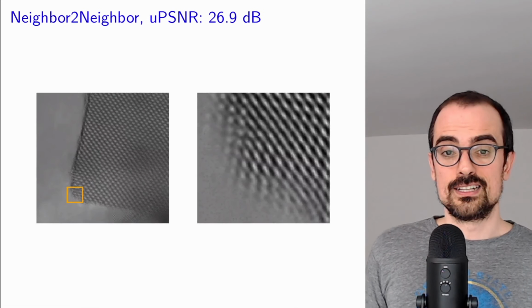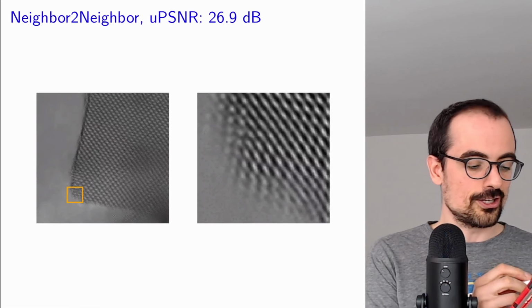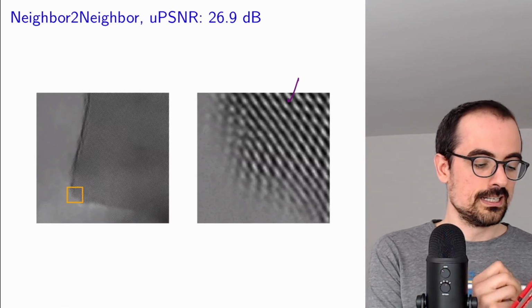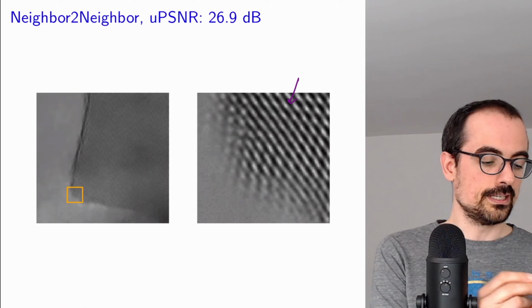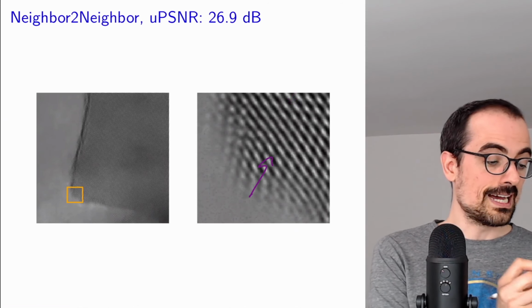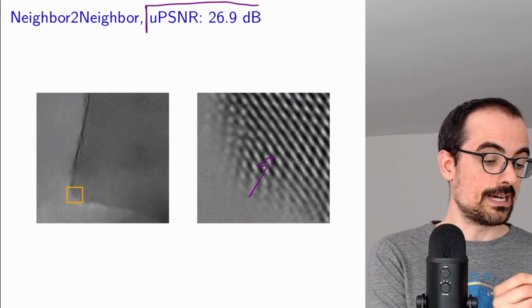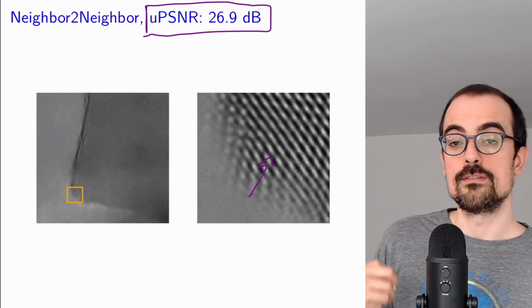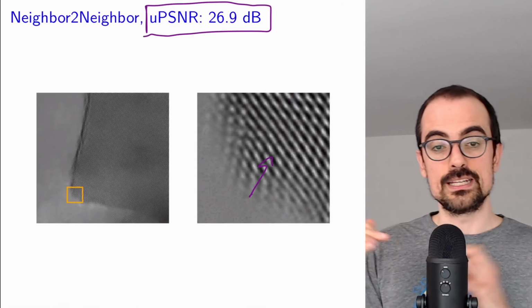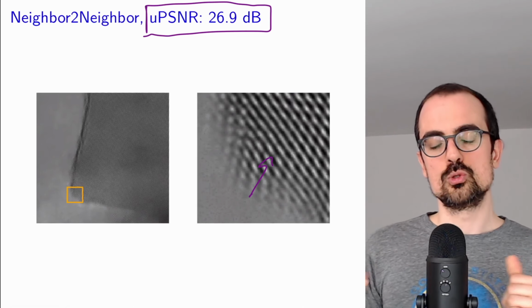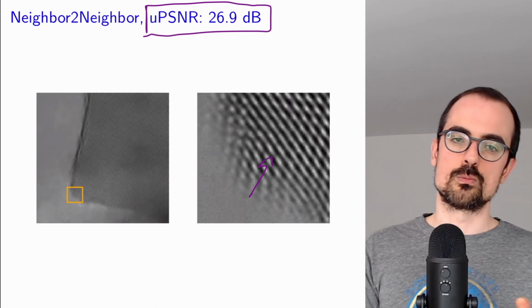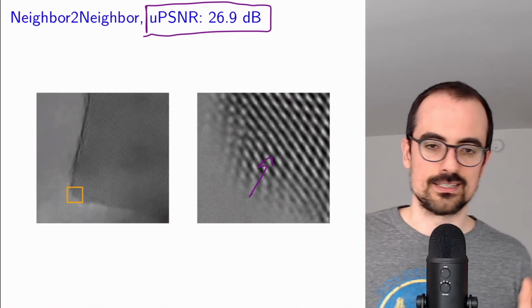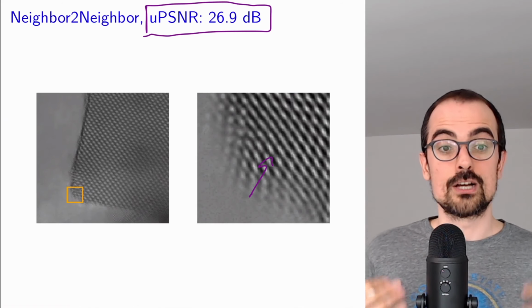Neighbor to neighbor actually does quite spectacularly. It manages to find the periodic patterns in the data very well. And in fact, we can apply this unsupervised MSE framework. We take a logarithm to compute the signal-to-noise ratio as opposed to just the MSE, but it's exactly the same idea to evaluate how we're doing.